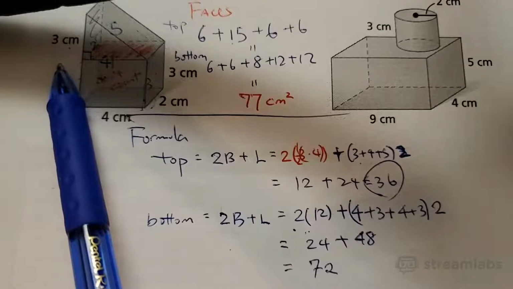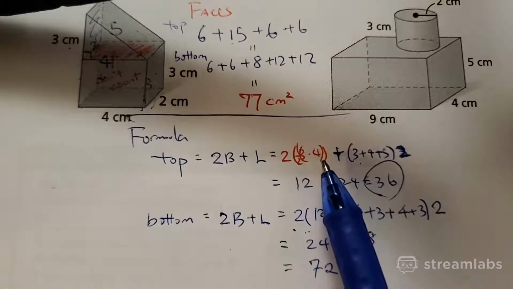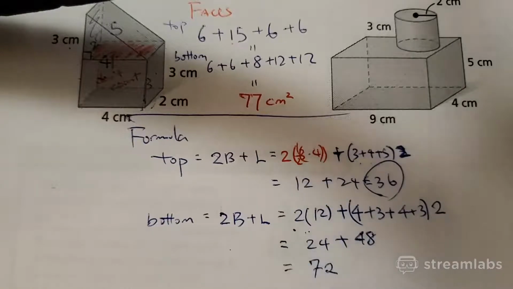Wait. 1/2 is 30. Does not include the 4. Wait, I don't get it. What are you saying? What?